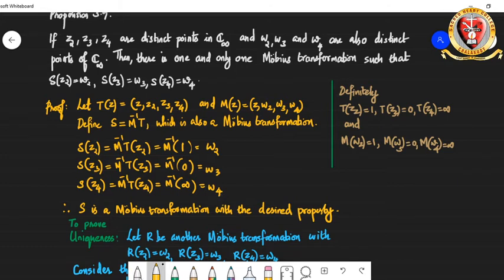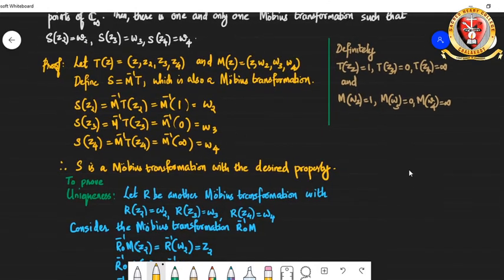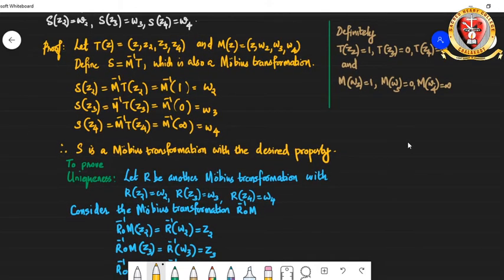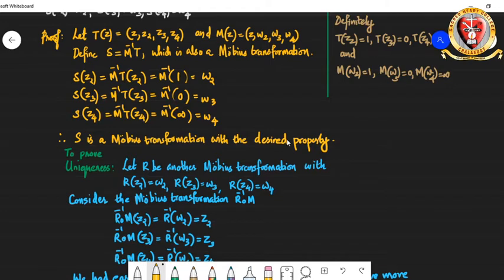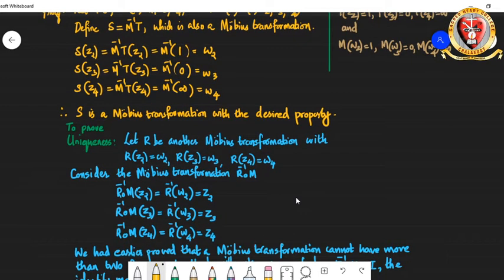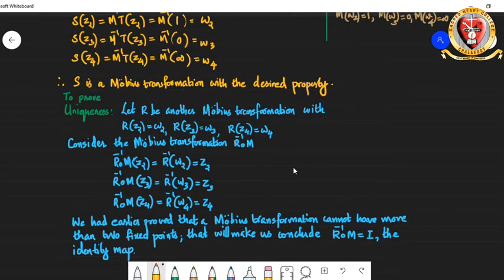Now we have to prove that this is actually a unique Mobius transformation. So we are taking R to be another Mobius transformation such that R of z2 is equal to w2, R of z3 is equal to w3, and R of z4 is equal to w4.